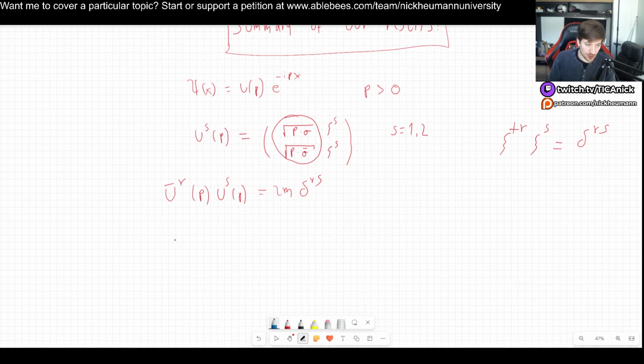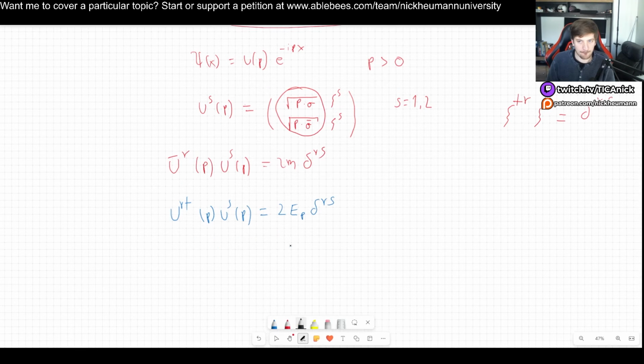So another important one is going to be UR dagger, right, of P, US of P. So very similar, but this time no bar. Keep in mind, the bar means there's going to be an additional gamma 0 in between, right? So in this case, we're going to have 2 EP delta RS. So those are two very important ones to know.